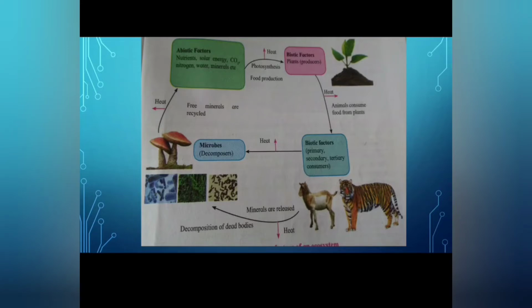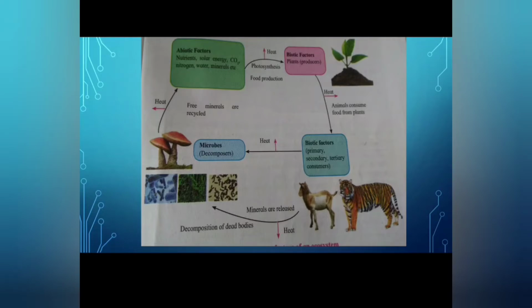Then these consumers are in turn acted upon by decomposers. These decomposers decompose the bodies of plants and animals. Who are these decomposers? They are fungi and bacteria, and they decompose the body.